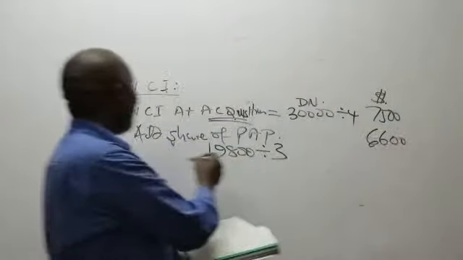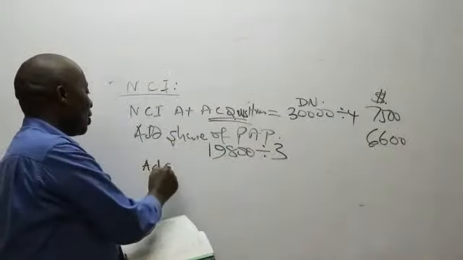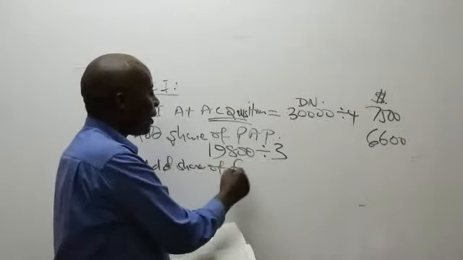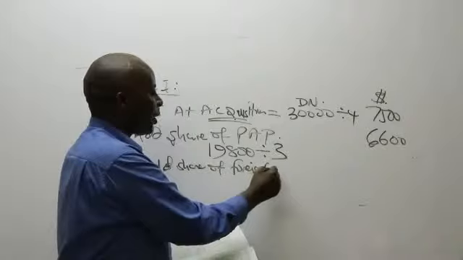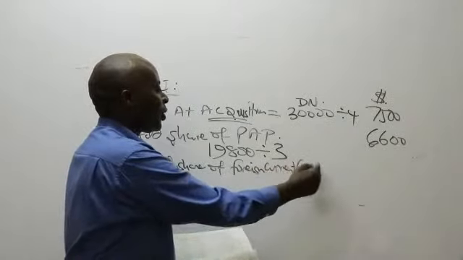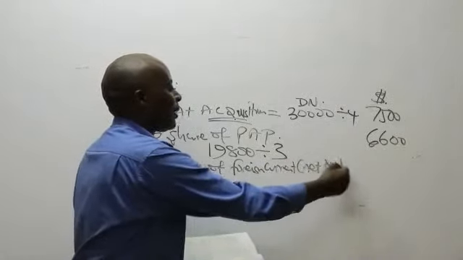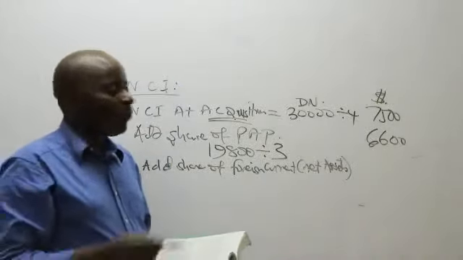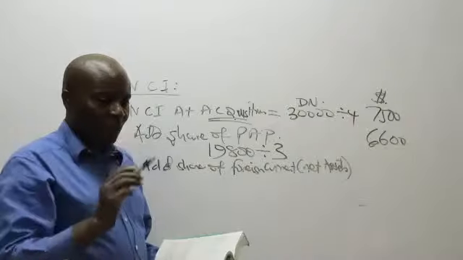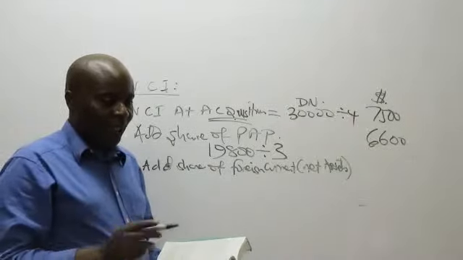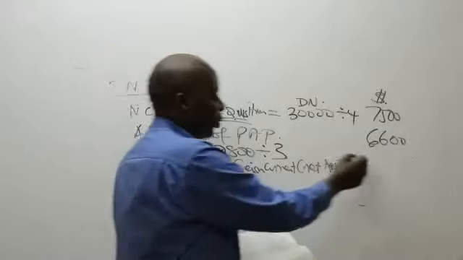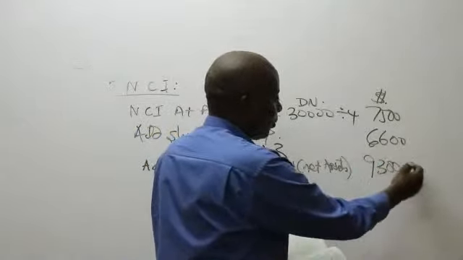Now come here and add share of foreign currency for net assets. Is there somebody who has got that figure? Fortunately, for net assets, we had translated. We had done everything. Foreign currency net assets, I think it was $9,300.